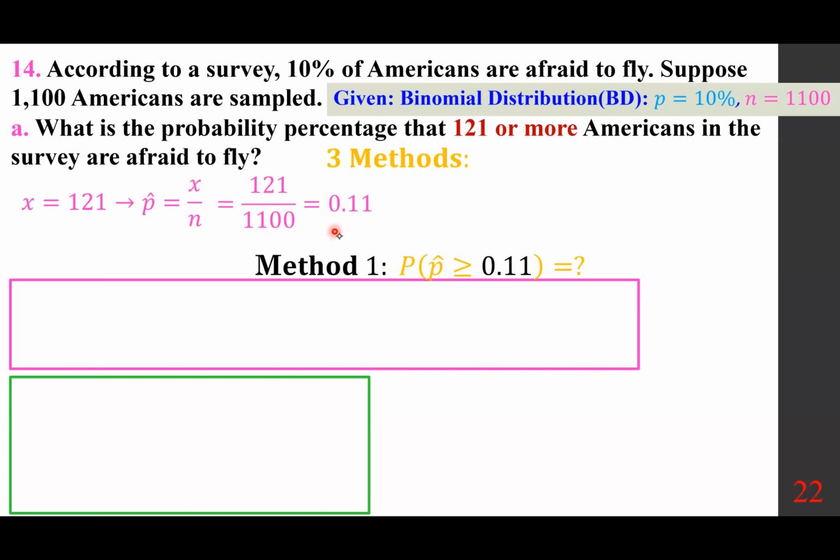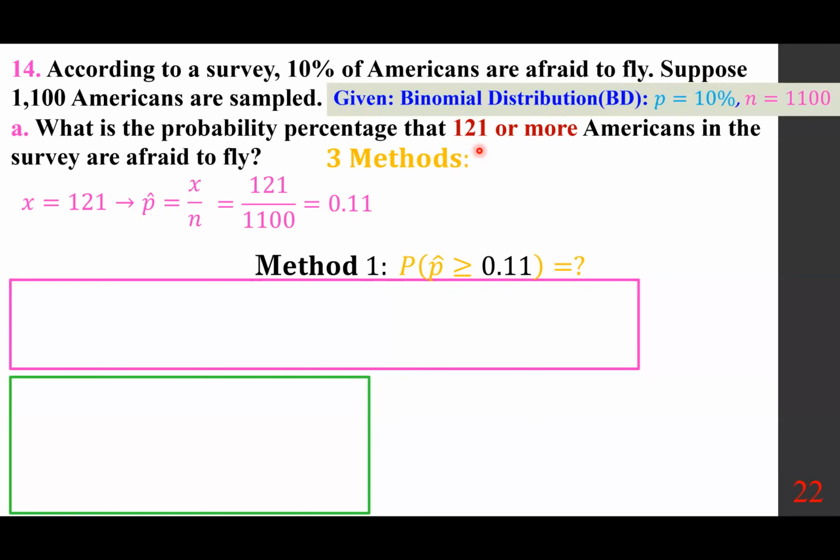What we want is the probability of P hat larger than or equal to 0.11, because let's go back to the question. What is the probability that 121 or more? That means 11% or more. That's the sample proportion, right? 121 out of 1,100 gives us 0.11.